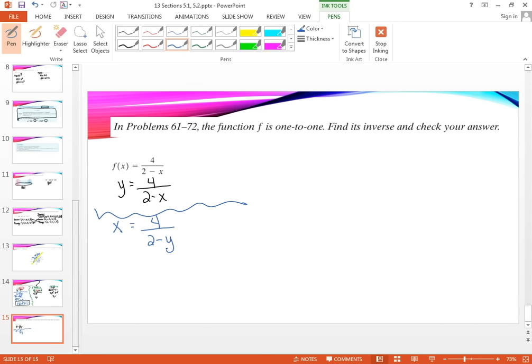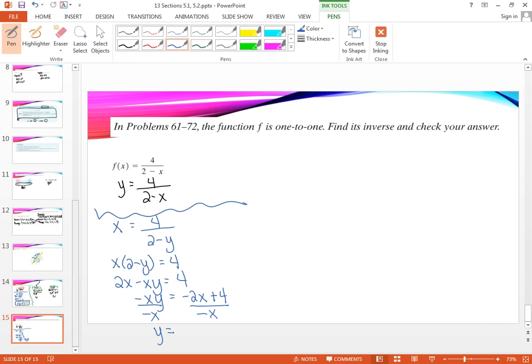You've got to get the y by itself, so you're going to need to cross multiply. Distribute your x. Okay, now what? Subtract 2x to the other side, so you get minus xy equals minus 2x plus 4. And then you want the y by itself, so divide both sides by negative x.